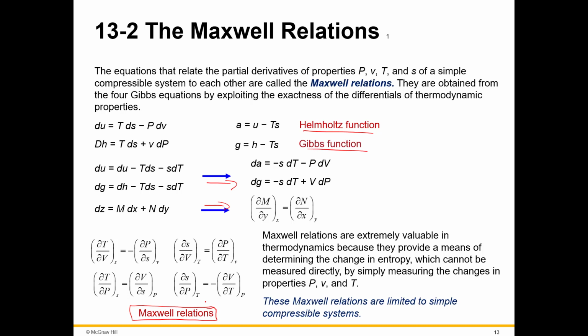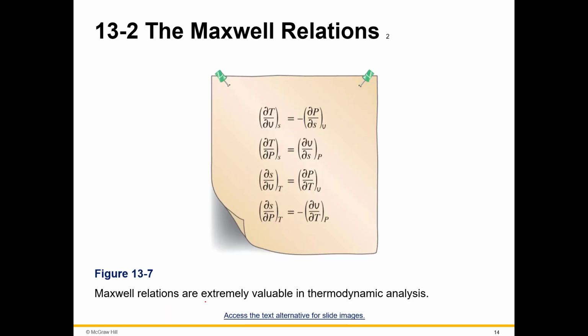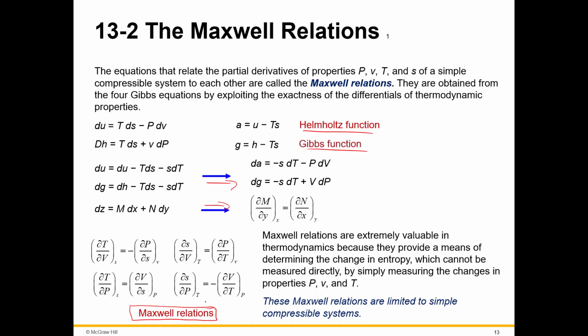And so we know that irreversibilities, talking about friction, things like that, drastically change P, V, and T, or maybe in some ways not super drastically, right? But it definitely impacts P, V, and T. And so when we look at those changes, then we can indirectly measure entropy. And just note, these Maxwell relations are limited to simple compressible systems. So that's all they're going to work with.